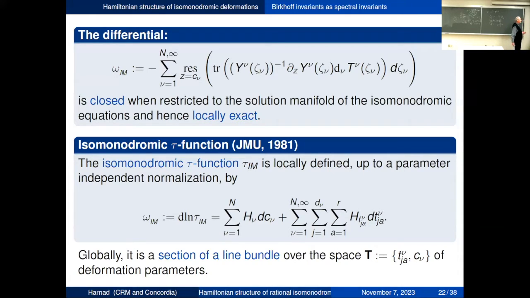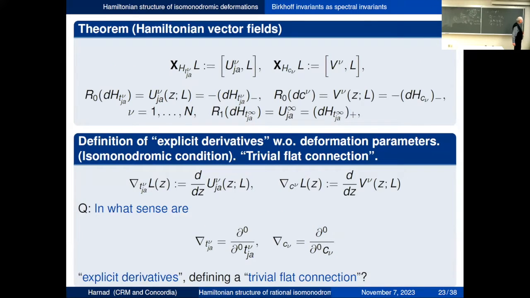And I have to just leave out everything. There is a very subtle point, which is, what is the analog of the explicit derivatives? Remember, we took an explicit derivative in the A2 case with respect to the t parameter because it was sitting there.